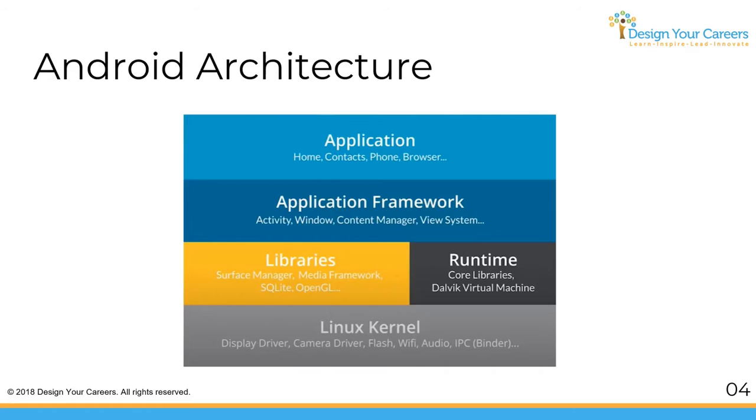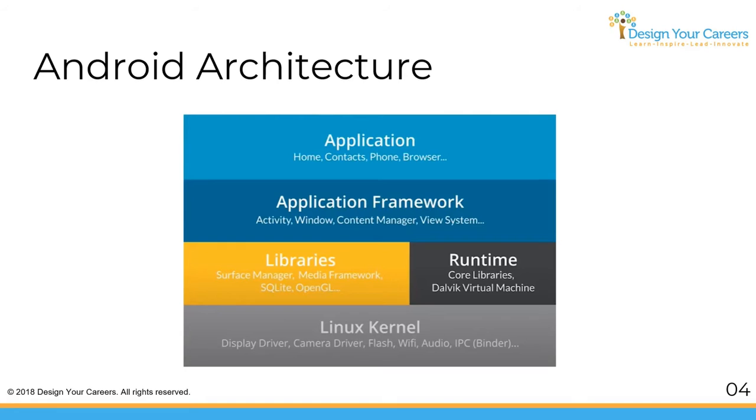For example, SQLite is a database: if you want to make an Android application and store the data locally in the phone, we use SQLite, and the data will be locally stored in the Android device. So those are the libraries which you can import and use to build an application.